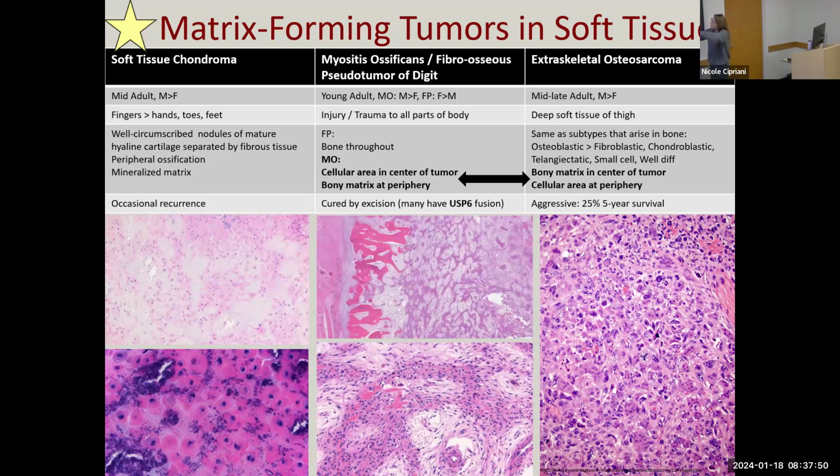So it's basically like cellular fibrous tissue with ropy collagen, with extravasated red cells that looks exactly like nodular fasciitis, but at the periphery, it's got this rind of ossification. And it has USP6 fusion, and it happens to be in the deep muscle rather than in the subcutis. So that's myositis ossificans.